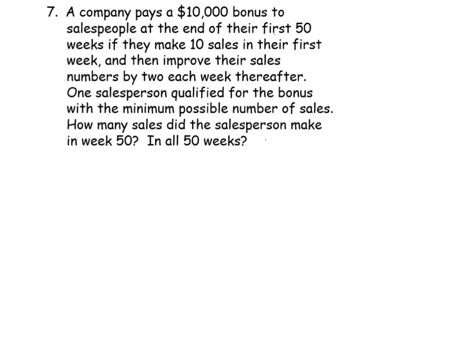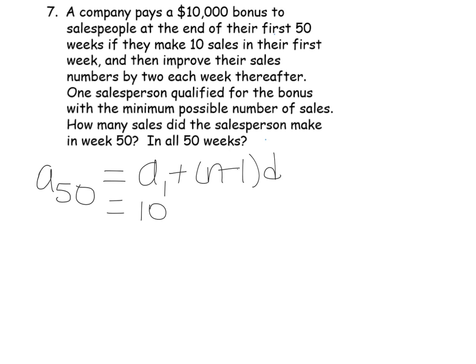So, the first question says, how many sales did the salesperson make in week 50? If we're talking about week 50, that is talking about a 50. Okay, so the arithmetic sequence formula says A1 plus N minus 1 times D. Well, A1 here, in the first week, they make 10 sales.